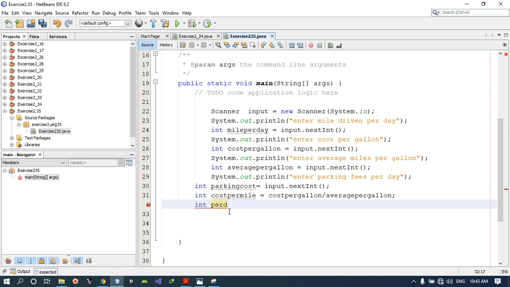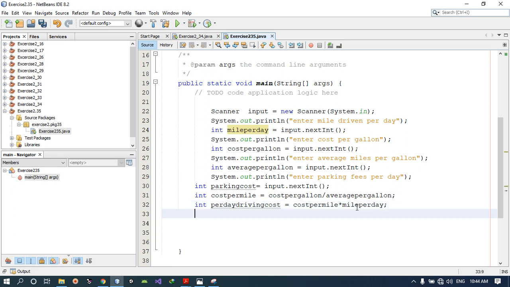Per day driving cost equals cost per mile, this one, times miles per day. Miles per day is here. So now we have the cost of 1 day of driving.